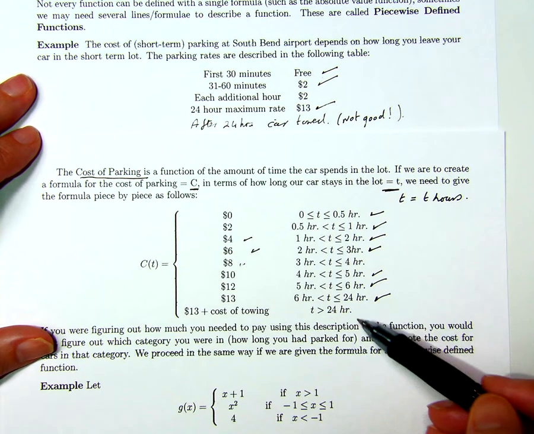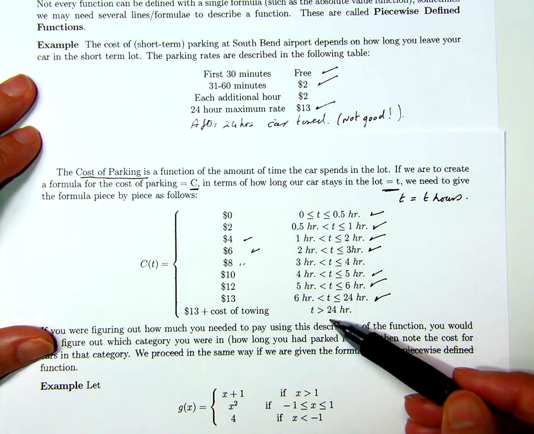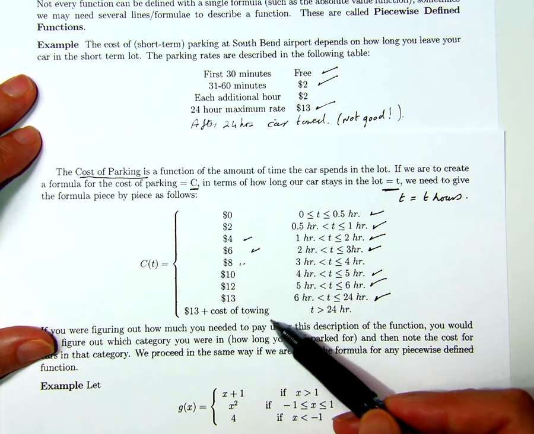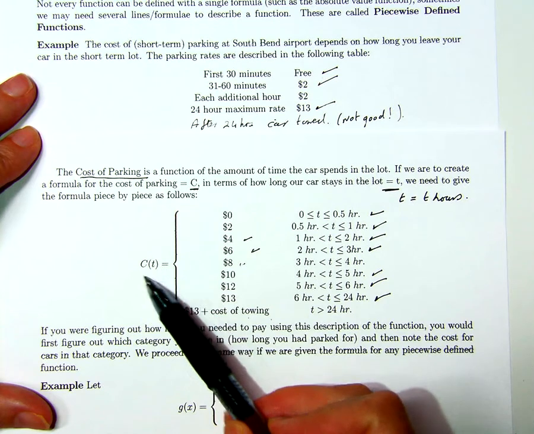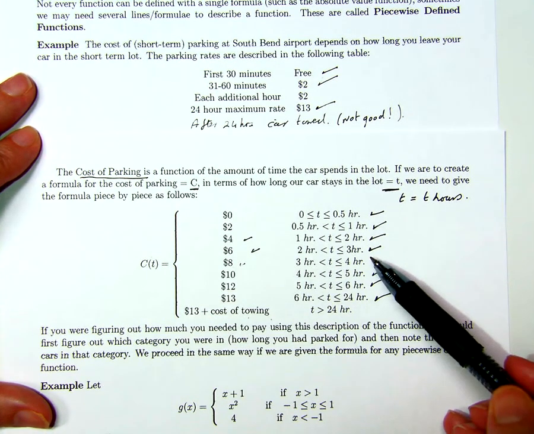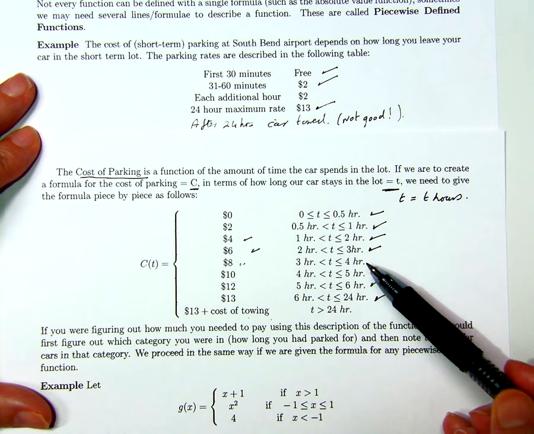Then after 24 hours, they're going to tow the car, so I'm going to pay that $13 for parking plus the cost of towing. So the point here is that the cost of parking depends on how much time I leave the car in the lot.